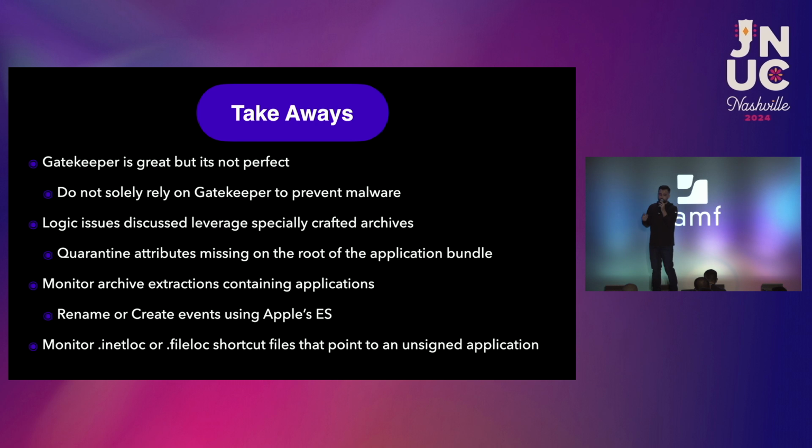Therefore, it's very important to leverage behavioral detections and monitor for when archives are extracted that contain an application, and verify the legitimacy of that application via various means, such as checking code signing information and checking to see if it's an application you typically expect to see on a user's system. Having a threat hunting team that actively monitors such detections to identify signs of exploitation would be useful.